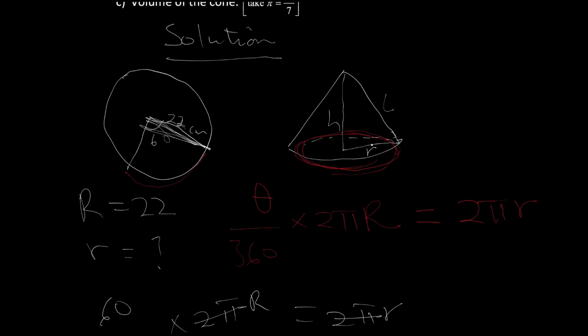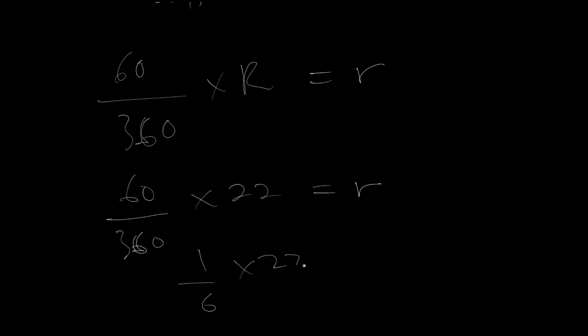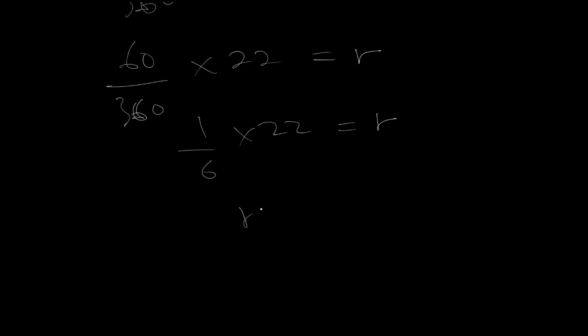But we don't know our small r. So here we have 60 over 360 times 22 equal to r. 60 over 360 is 1 over 6, times 22, which is equal to our r. So r becomes 22 over 6, which will give us 3.6667.